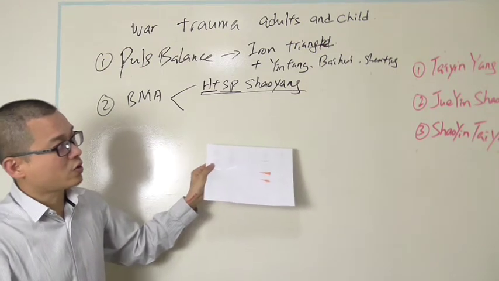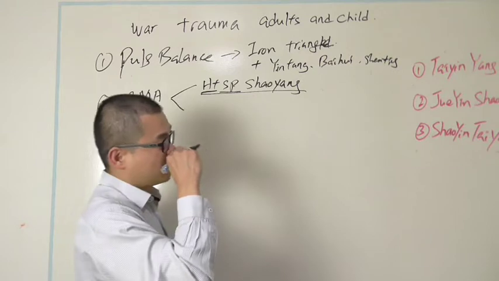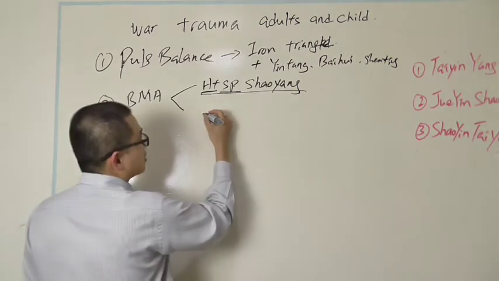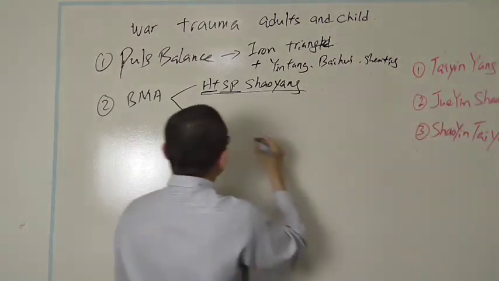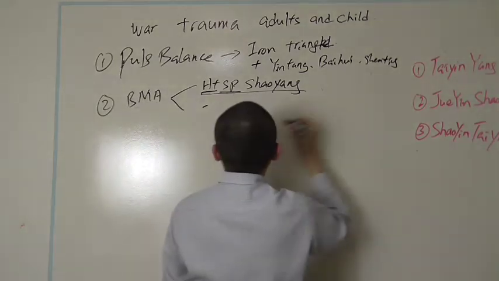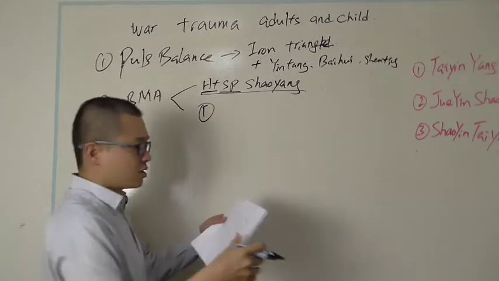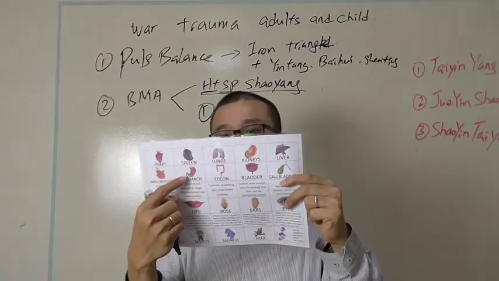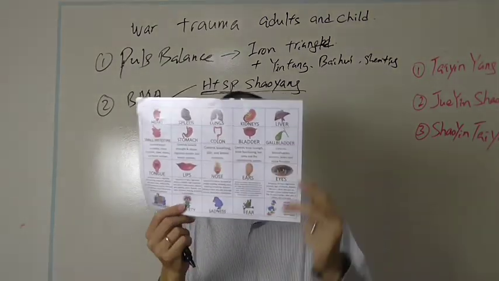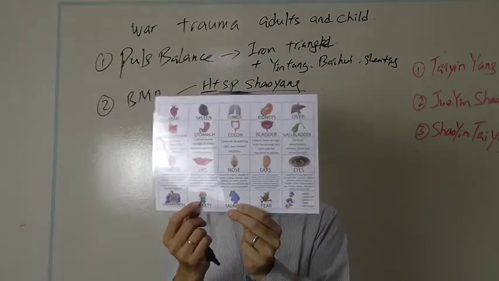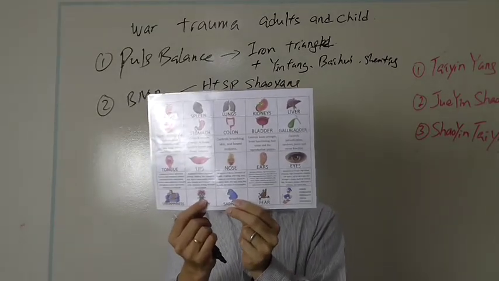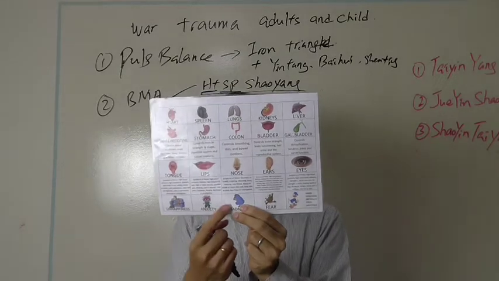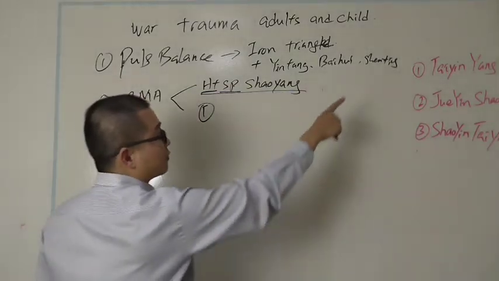Now for you, in the Acupuncture Super Team, we have 3 basic ones. For these 3 basic ones, Tai Yin Yang Ming, right? Which is number 1 over here. If it comes to stomach and spleen, anxiety, sadness, anything with anxiety and sadness, you can do 1.